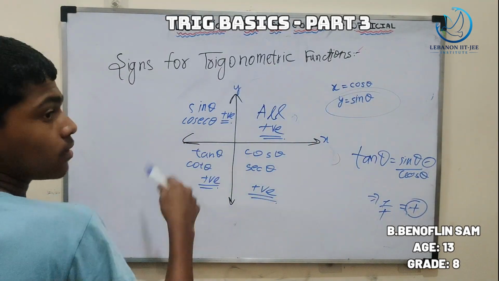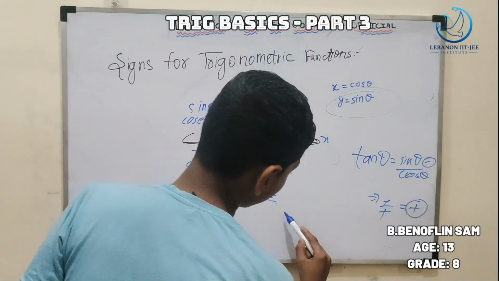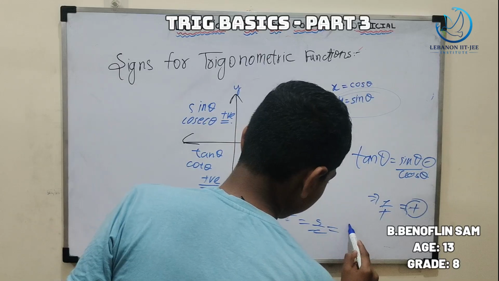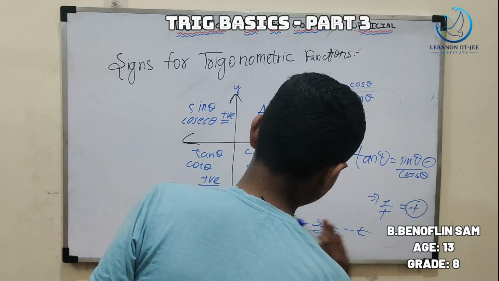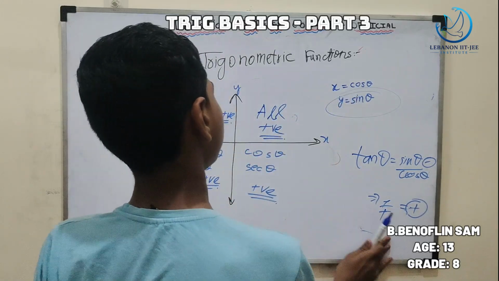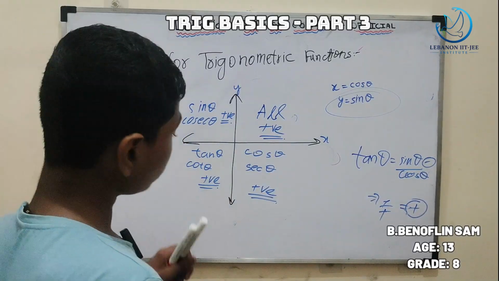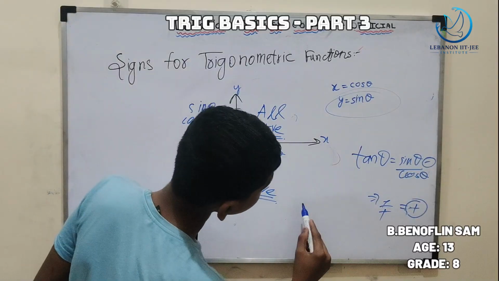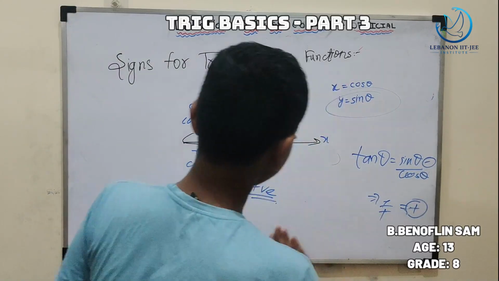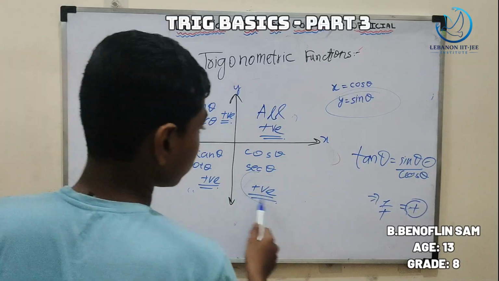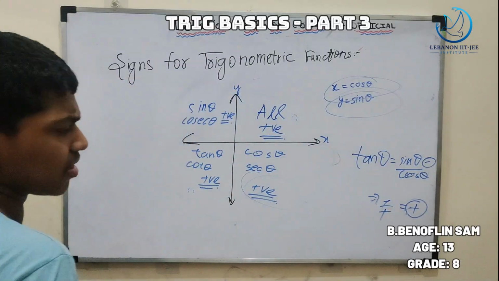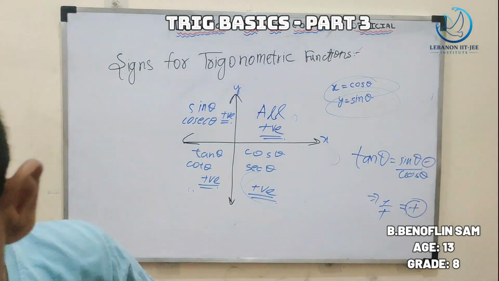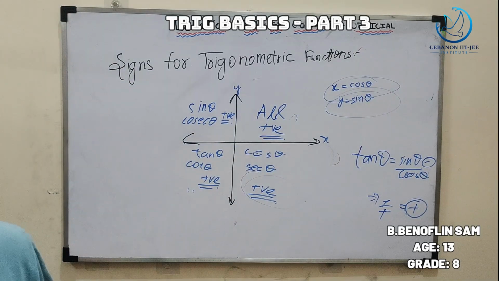For tan, tan is equal to sine by minus cos, so you get minus tan. In the third, tan theta and cot theta are positive, but sine theta cancels out. In the fourth, cos and sec are positive, since x is equal to cos theta. This is how to apply this. And let's go on to the trigonometric ratios of allied angles.